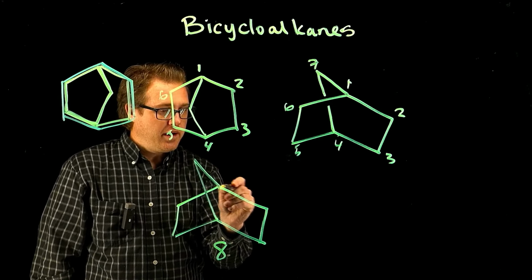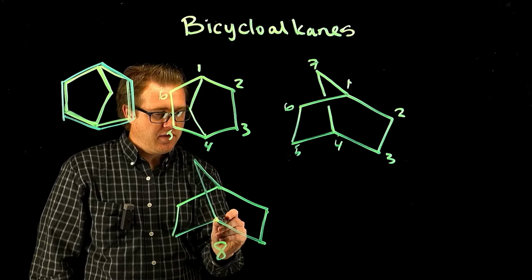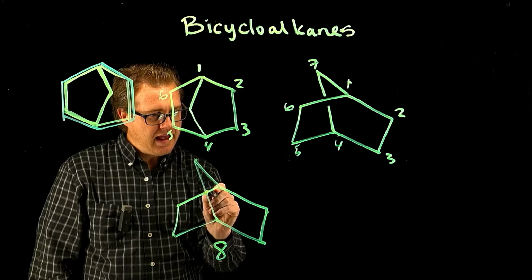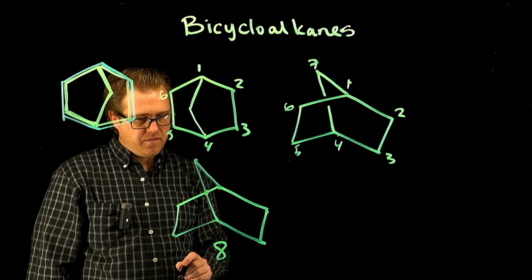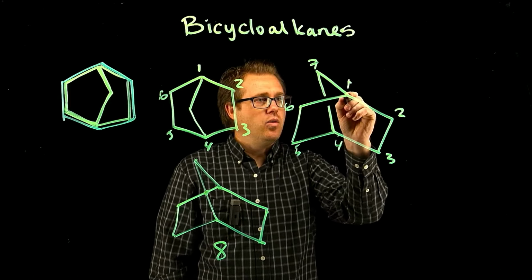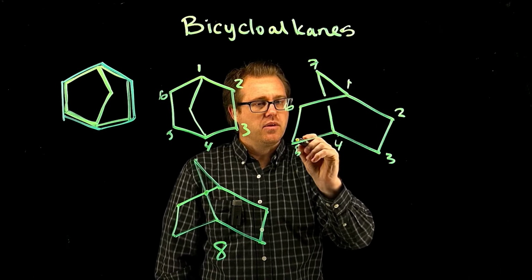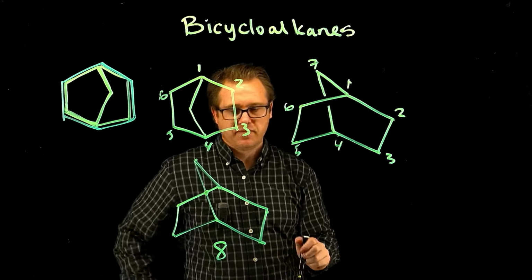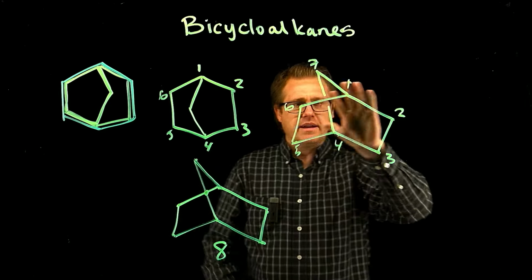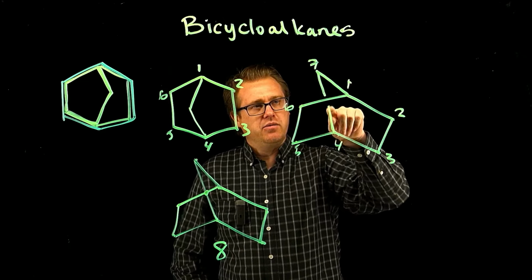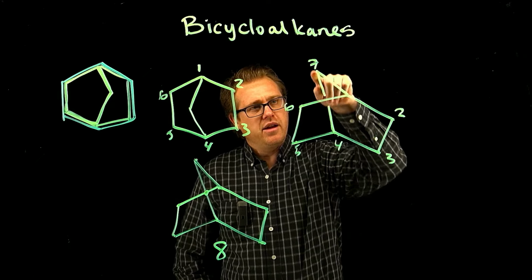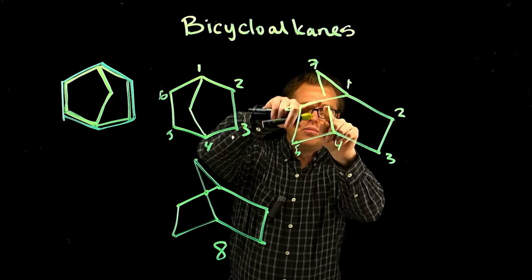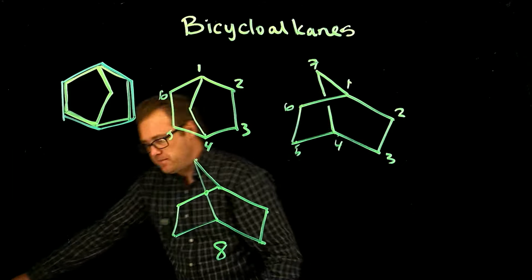So 1, 2, 3, 4, 5, 6, 7, 8. But here you can see 1, 2, 3, 4, 5, 6, 7. That's all there is. So when you draw the rings like this, when you draw this little triangle right there, you have to put a little gap in between it there.